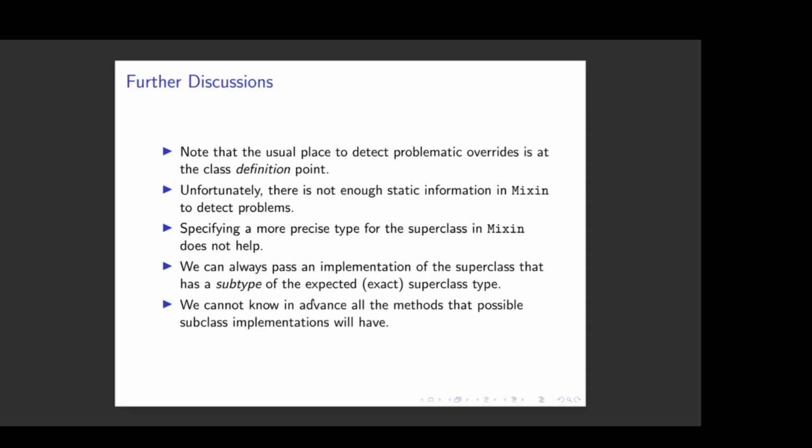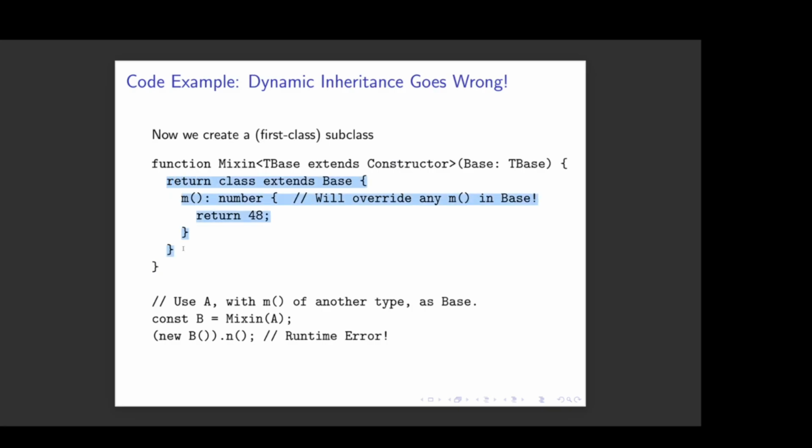So you can create whatever methods you want. It might contain those two methods that you expect, but it can contain other things, right? And if one of these other things that it contains is a method that is overridden here, then you get the same problem.